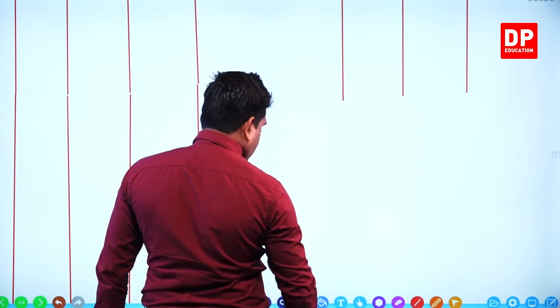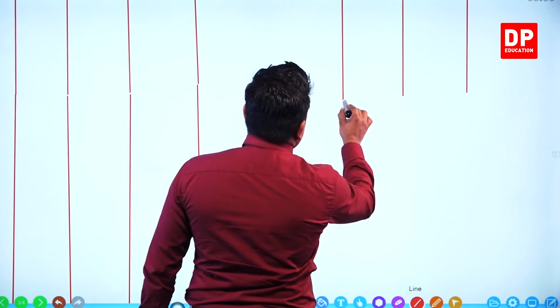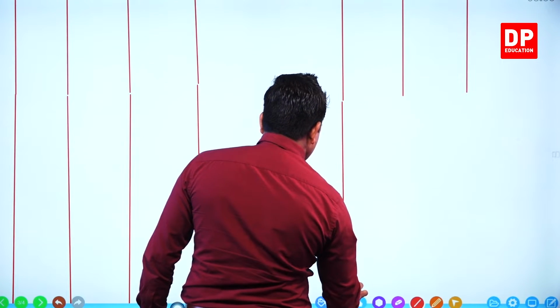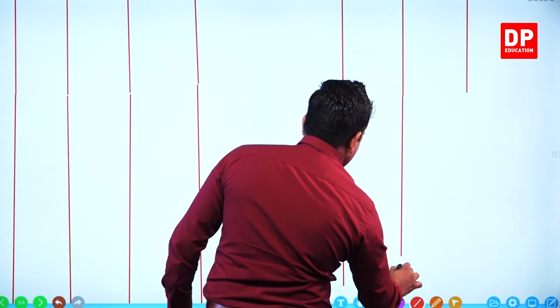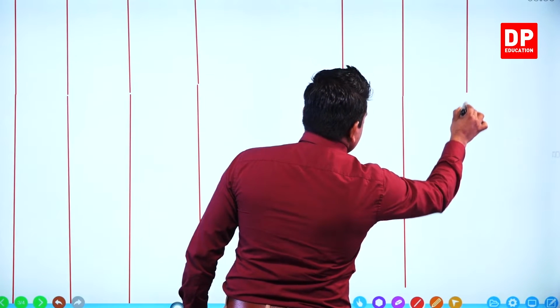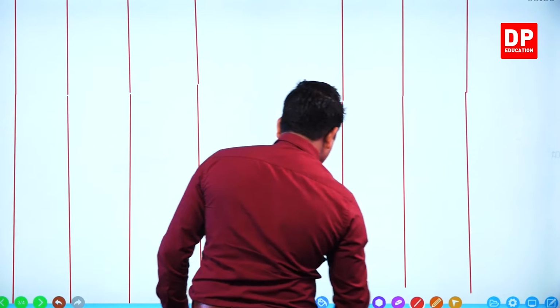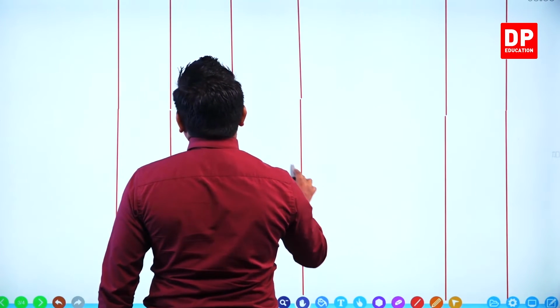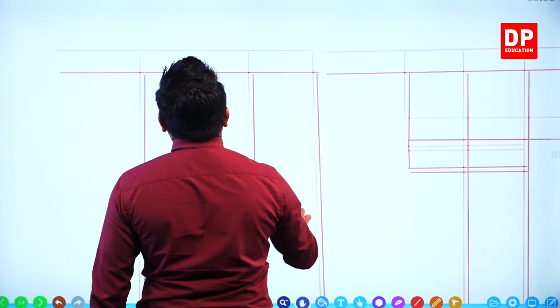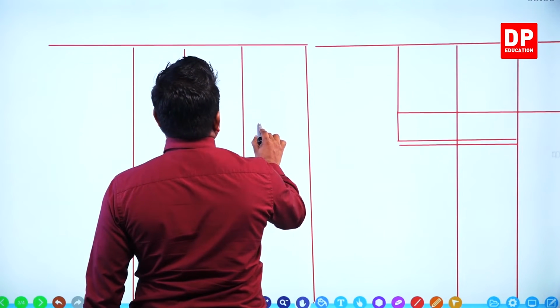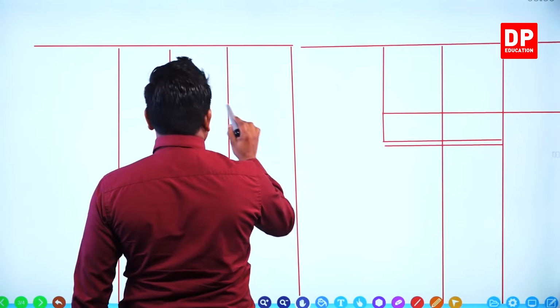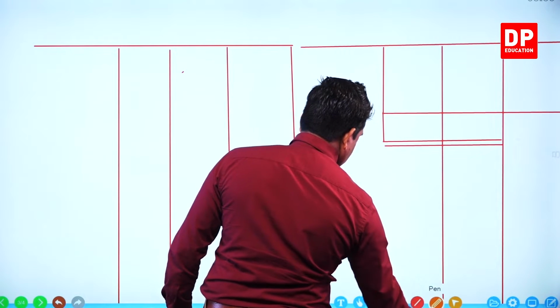Then you feel it's not enough, you can expand these columns. Now you go to name the columns and write the name of the accounts.